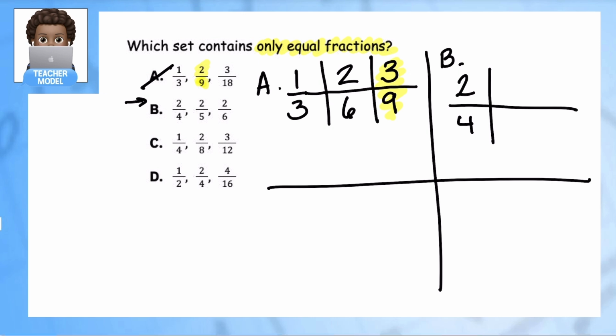So I'm going to try counting by 4's, 8, 12. See, I'm already skipping. I don't even get to 5 or 6. So this isn't going to work. So nope. Doesn't make sense, especially because my numerators are all the same. So I know that the pieces are different sizes, and so this isn't going to make any sense.